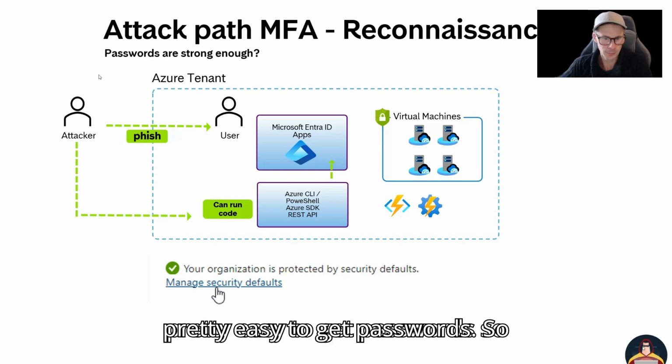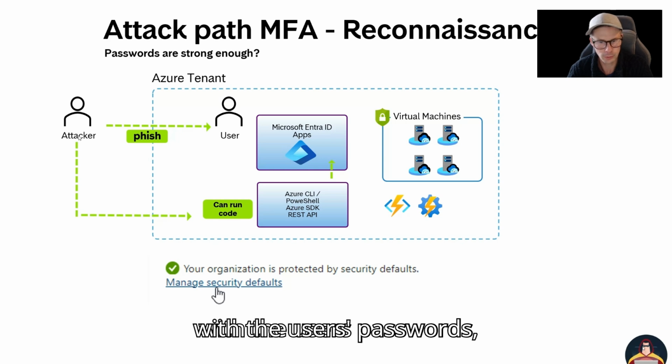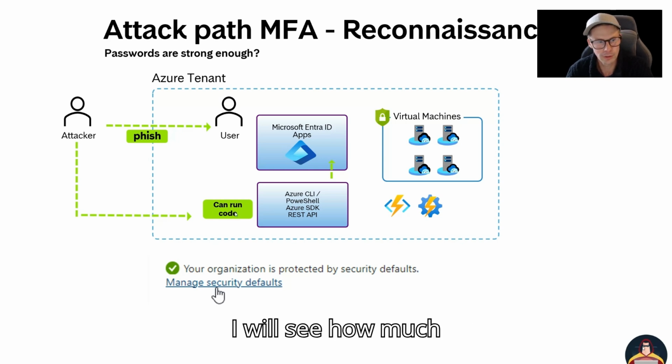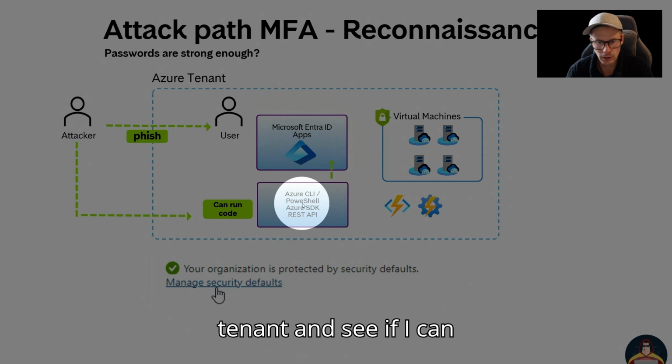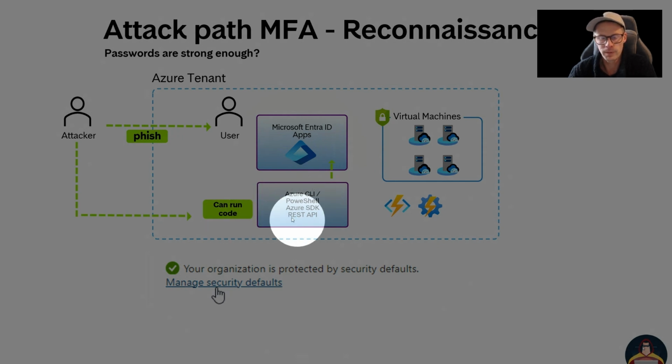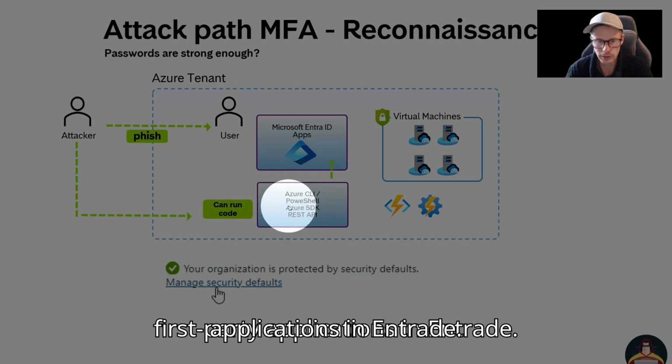It's basically pretty easy to get passwords. So with the user's password, I will see how much information I can get from the Entra ID tenant and see if I can execute towards some of the first party applications in Entra ID.